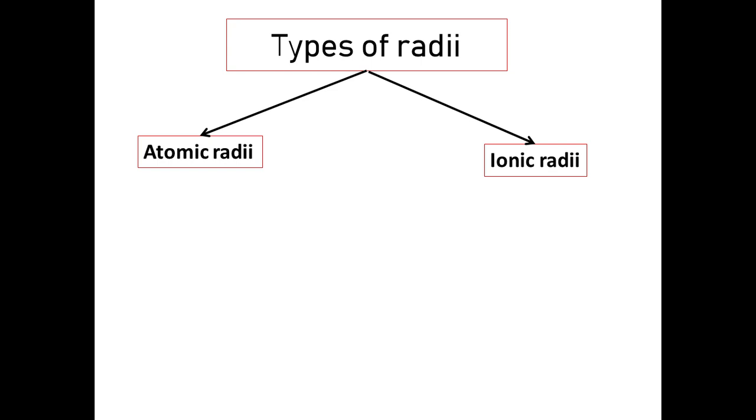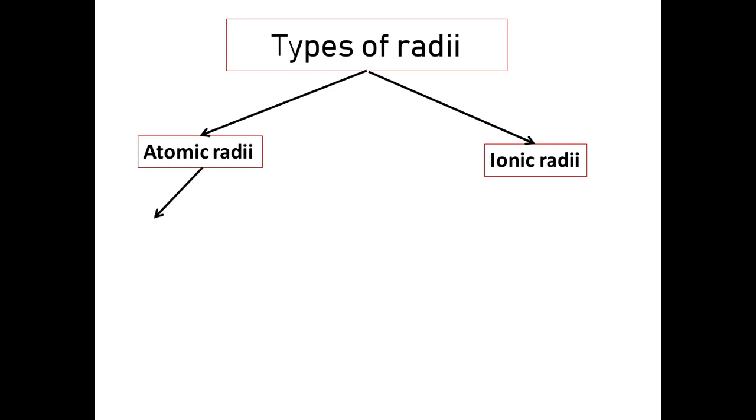If two atoms are bonded with the help of metallic bonds, then the radius becomes metallic radius. If two atoms are not bonded with each other, then the radius between them is called van der Waals radius. Van der Waals radius is basically used for the noble gases.